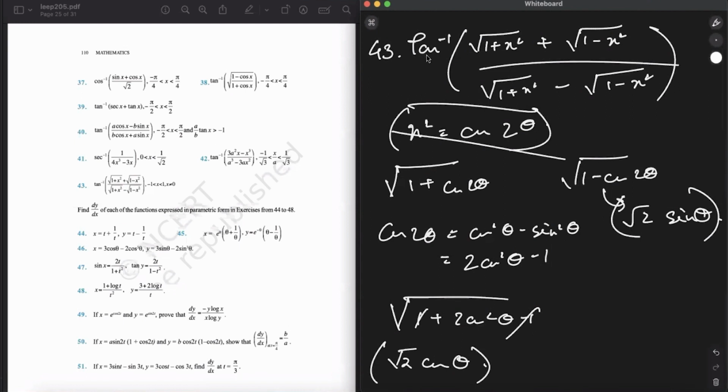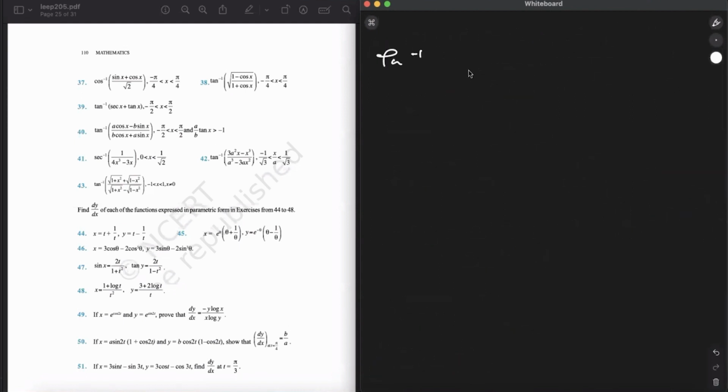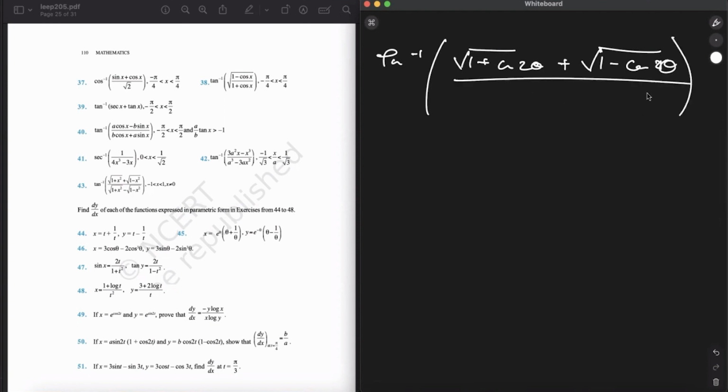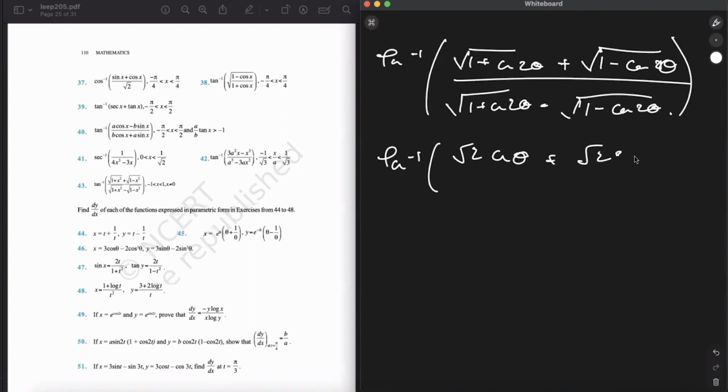So tan inverse of (under root 1 plus cos 2 theta plus under root 1 minus cos 2 theta) divided by (under root 1 plus cos 2 theta minus under root 1 minus cos 2 theta). Simple. And I can write it as tan inverse of (under root 2 cos theta plus under root 2 sin theta) over (under root 2 cos theta minus under root 2 sin theta).